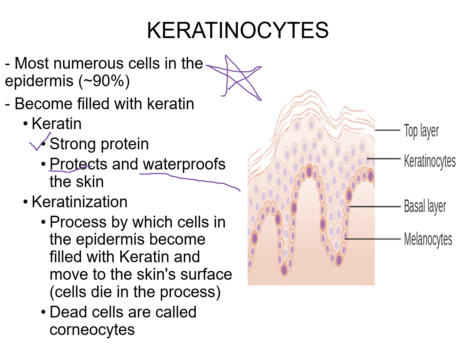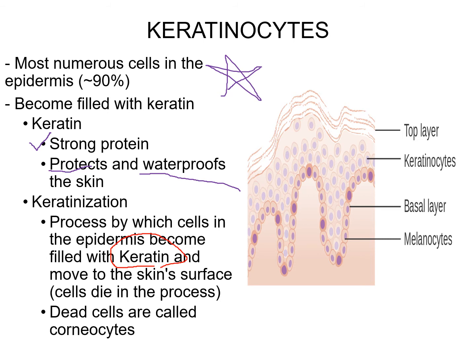Now, as I mentioned, these keratinocytes are born thanks to those basal cells in that last layer, that bottom layer. And what happens is we purposefully kill our cells, if you will, and this process is called keratinization. And what we're doing is we're just pumping the cell full of keratin.